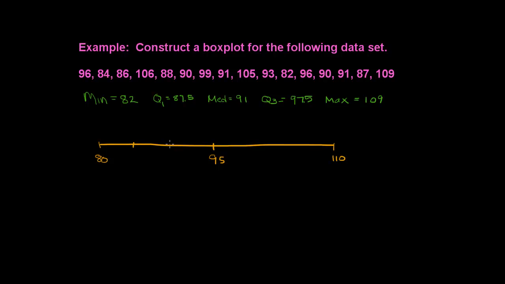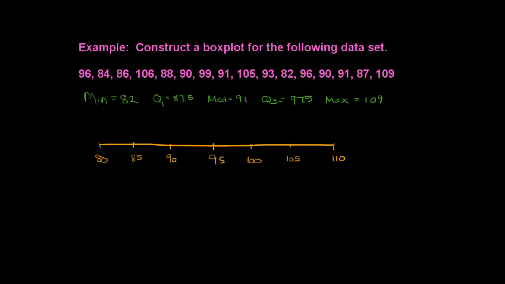So here and here, not great, but close enough. That means this is 85 and this is 90. And again, I'll do the same here because 95 to 110 is 15, so there would be thirds here of 100 and 105. So I have constructed my scale. All I needed for my data set was min and max to do that.